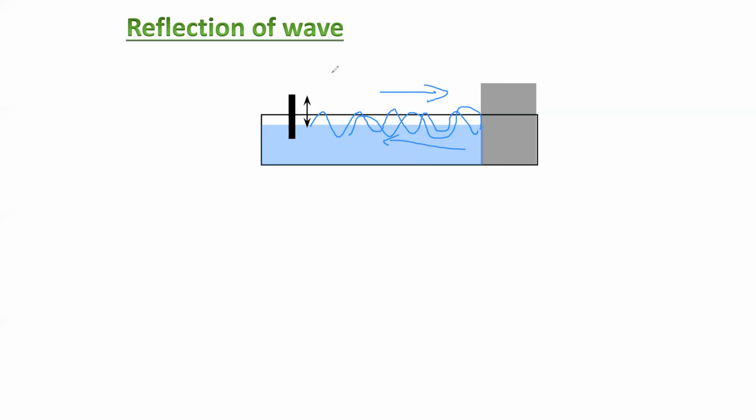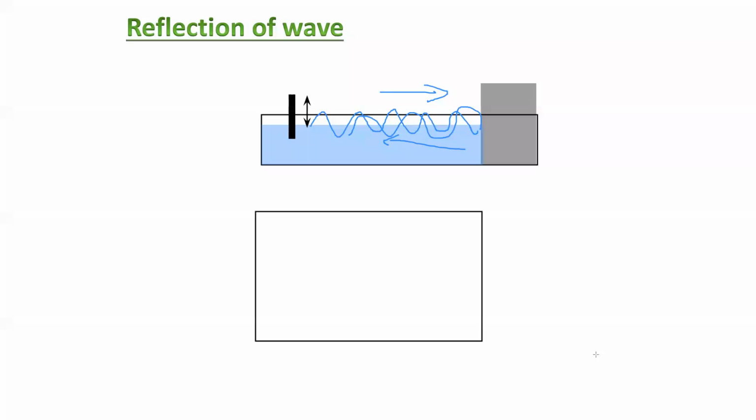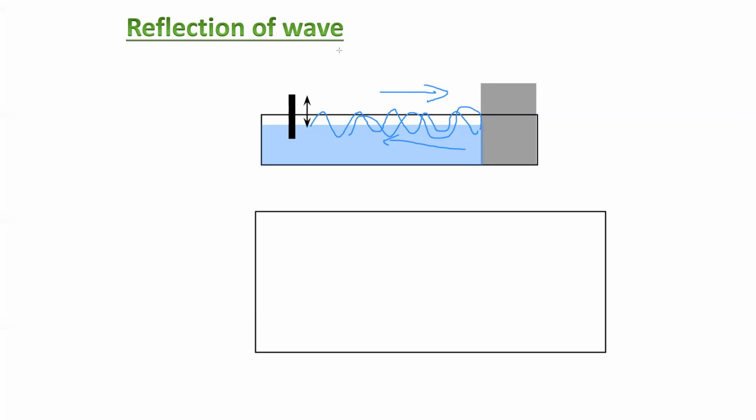When you look from the top, in a top view, for example, this is an object, a reflecting surface, and you produce a wave. Say you produce a plane wavefront.